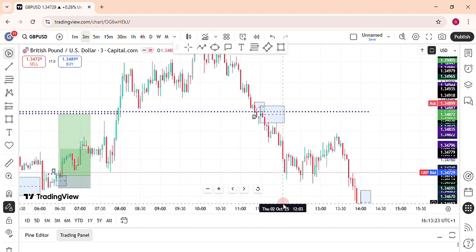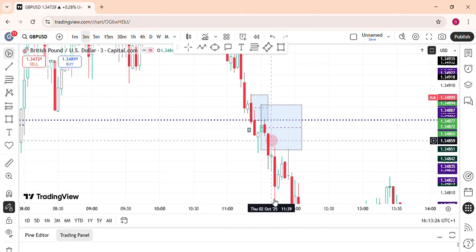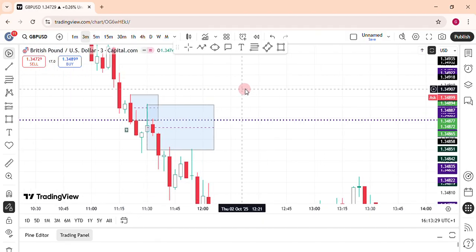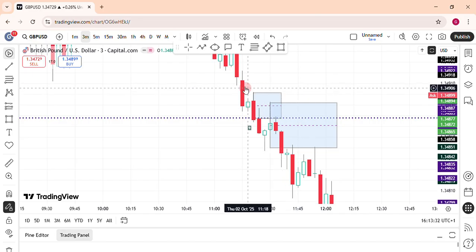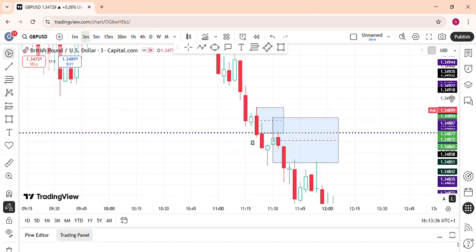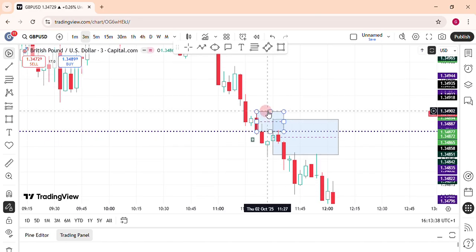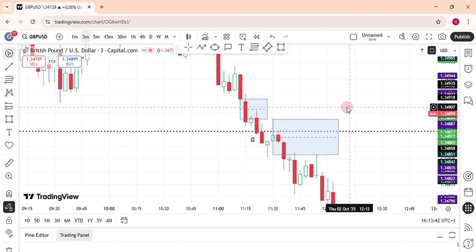Now we have a bearish trade for our trade number 9. As usual, it's coming from a fair value gap here. This is a fair value gap here. You can see this is a fair value gap here, and you can see another fair value gap here.